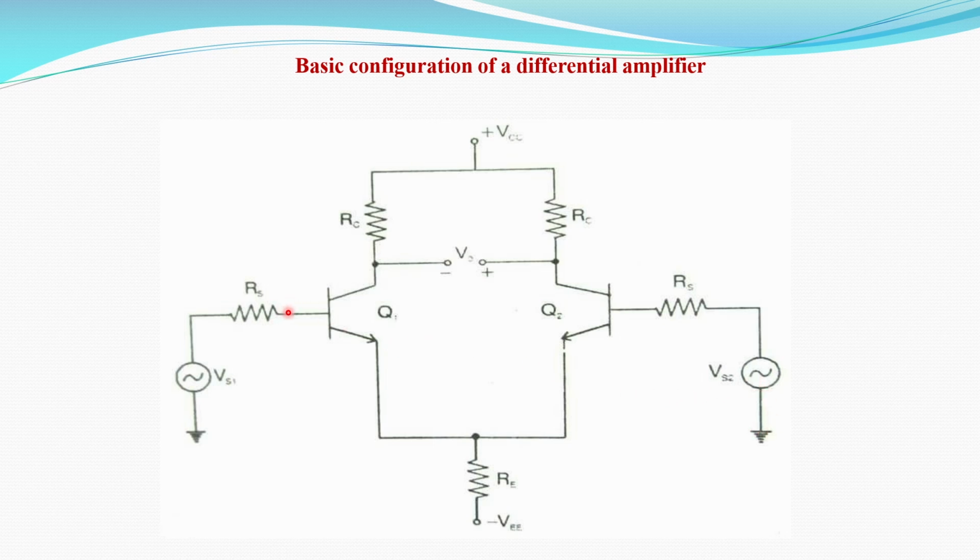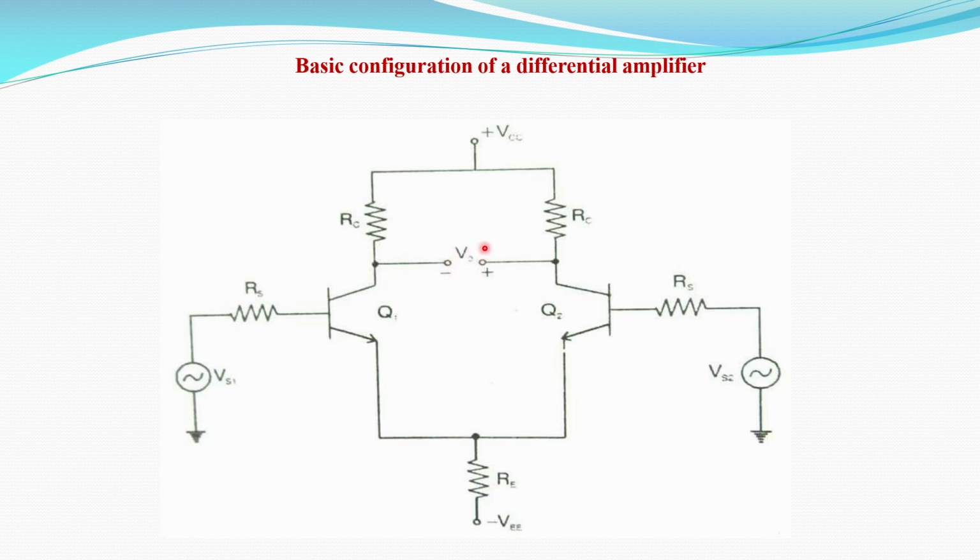At the base terminal, we are applying the source resistor as the input, and we are applying the signal at the base of transistor Q1. Next, at Q2, we are applying the second voltage, denoted as VS2. In a BJT, we take the output only at the collector terminal, so the output for both transistors is taken at the collector terminal.